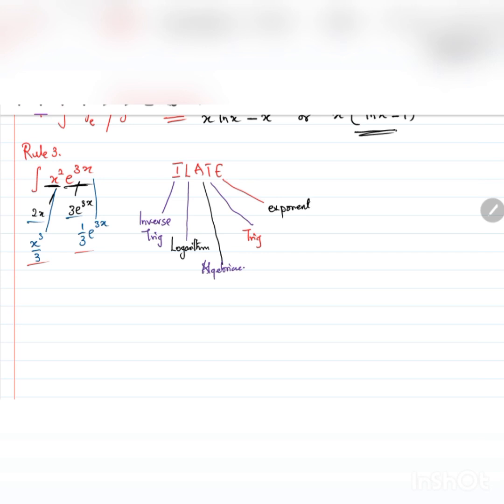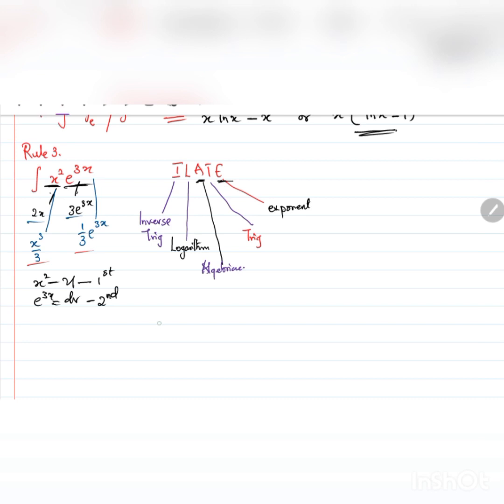Since algebraic comes before exponential, it means x squared will be your u, the first function, and your exponential 3x will be your dv, which is the second function. So that's how we figure out the one to make our first or second function if both of them are easy to integrate.